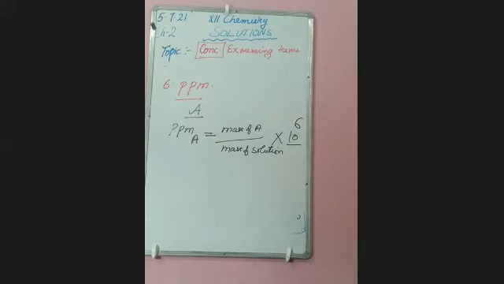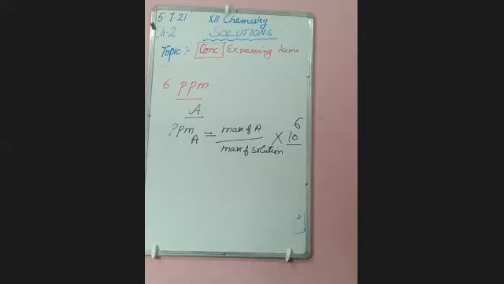Okay, my dear students, I hope it is clear to you all. In today's lecture, we have started the second chapter, that is solutions. What is a solution? A solution is a homogeneous mixture of two or more chemically non-reacting components.